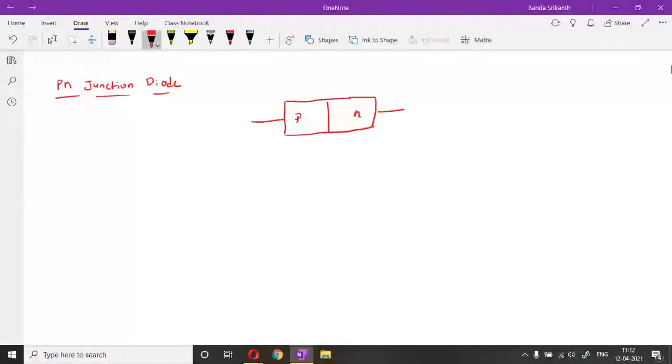As I told already, P type material has the majority of holes and N type material has the majority of electrons.